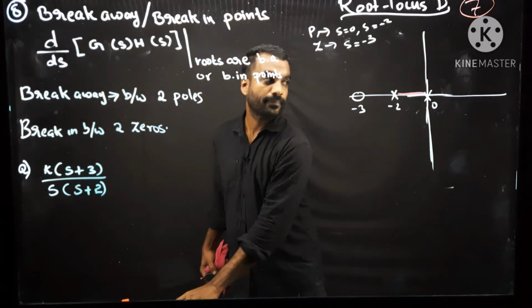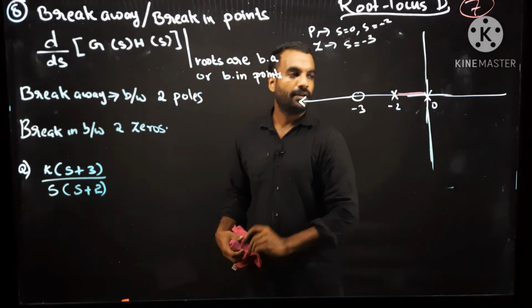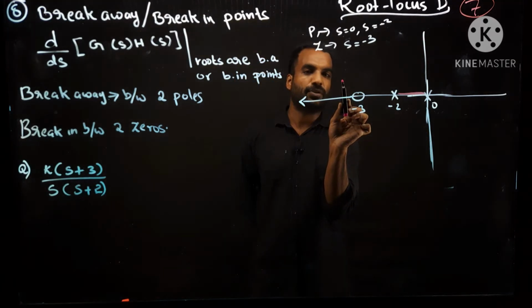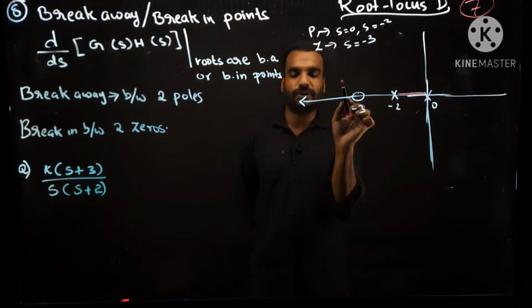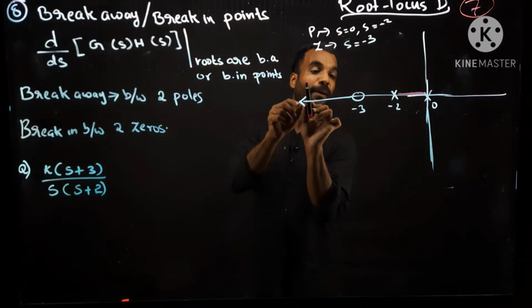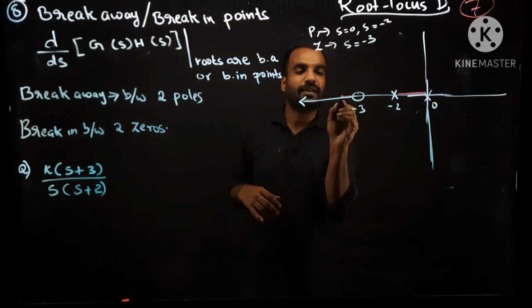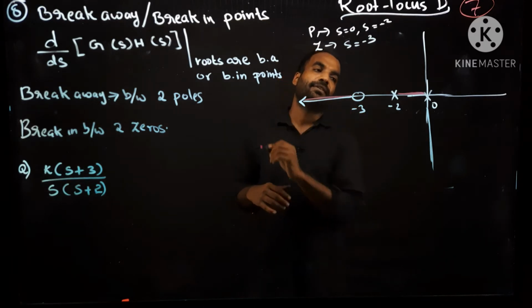And here, is the root locus diagram present or absent? 3 is an odd number on the right side, so the root locus diagram will be present up to infinity.